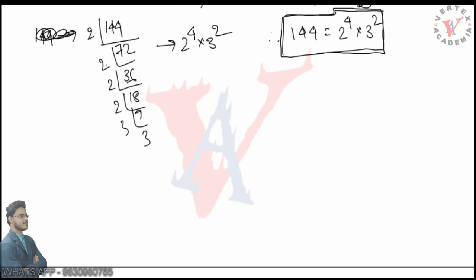What we mean by this is that apart from this 2 to the power 4 and 3 square, there can be no other prime factors of 144.